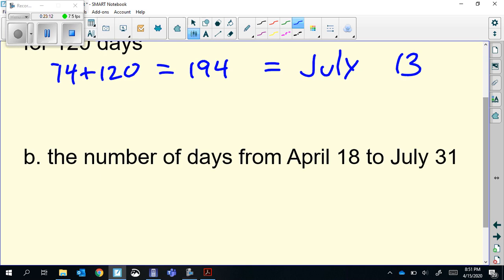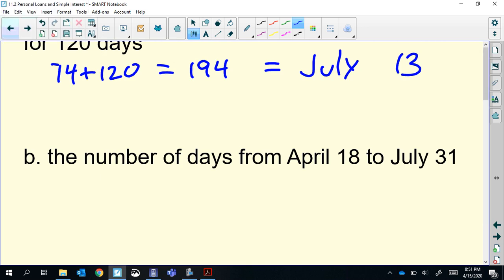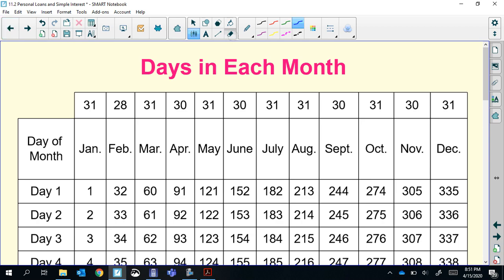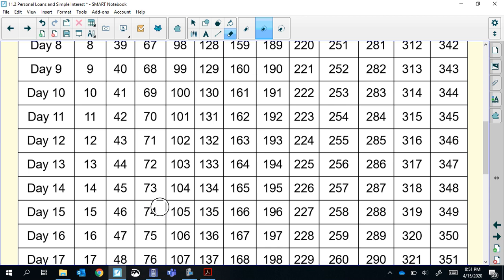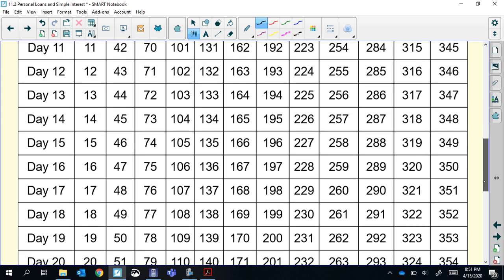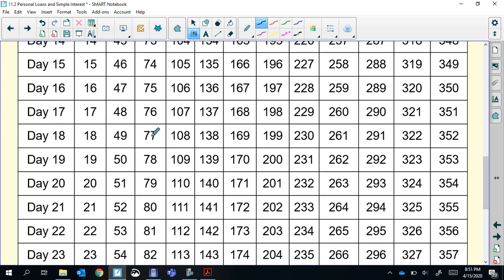Sort of the same idea here from April 18th to July 31st. April 18th, so January, February, March, April. April 18th is day 108.